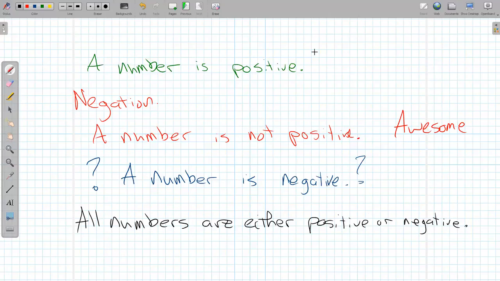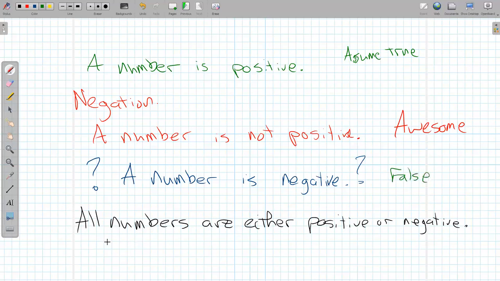Okay, so if this green statement was true, so let's just, I have a number, it's in my head, that number is positive, right? So let's just assume true on this first one. If that was true, then the number is not positive would be a true negation. A number is negative would not, right? So this is false right here. That would not be true.